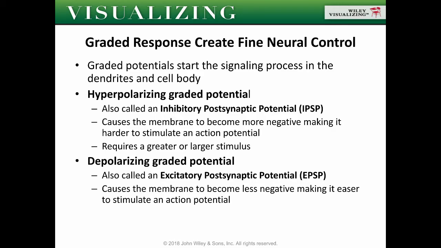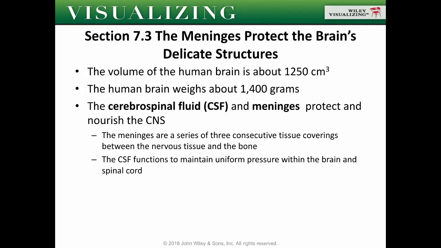So that's what the depolarizing graded potential is like for the neurons. So just a small amount of stimulus can activate your potential. Okay, so that's it for this section. In the next section, we'll discuss the structure of the meninges and the brain structure.